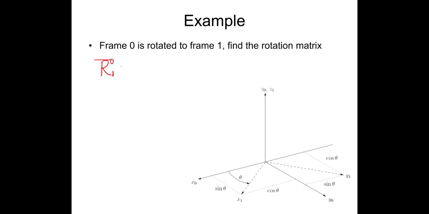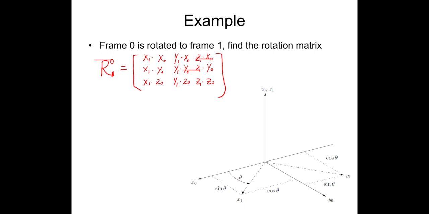If we want to calculate R10, again, I want to write the definition of R10, and my reference is 0, so I have my x0, y0, z0, and x0, y0, z0, and x0, y0, z0, and this is 1, so it means x1 projected to frame 0, and y1 projected to frame 0, and z1 projected to frame 0. Again, this is a 3 times 3 matrix.